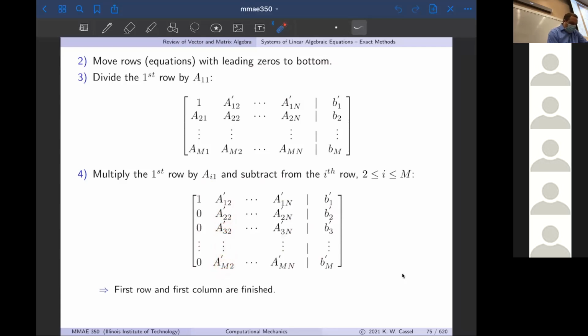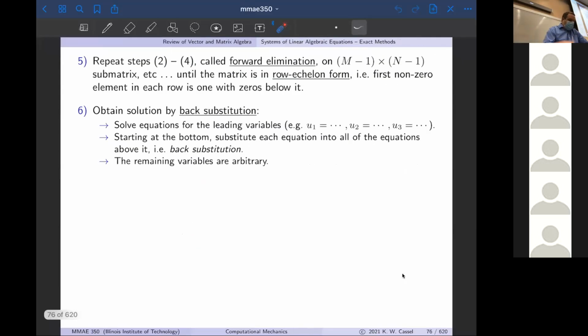And then the second row is done and the second column is done. And I just keep doing that on smaller and smaller submatrices until I get to that row echelon form that I talked about: 1s down the main diagonal and all 0s below.